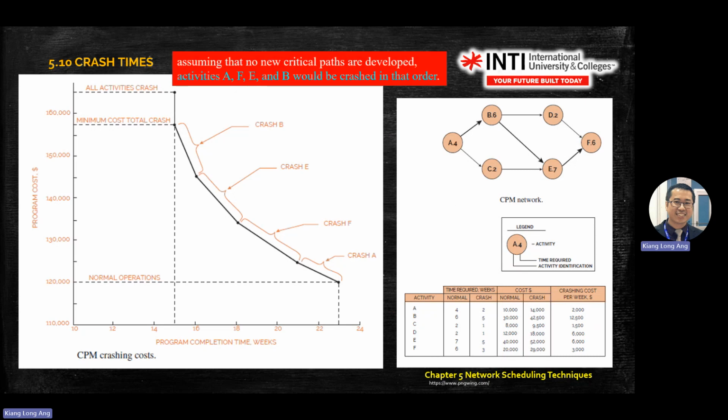So assume there's no new critical path developed. Activities A, F, E, B would crash in that order. When you crash A, you follow this sequence.